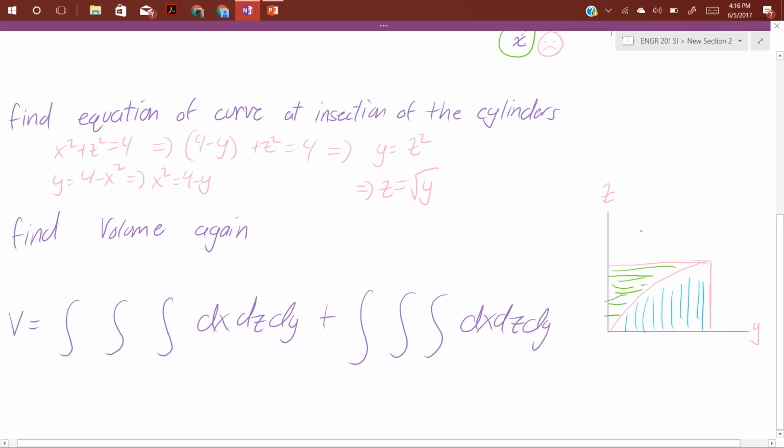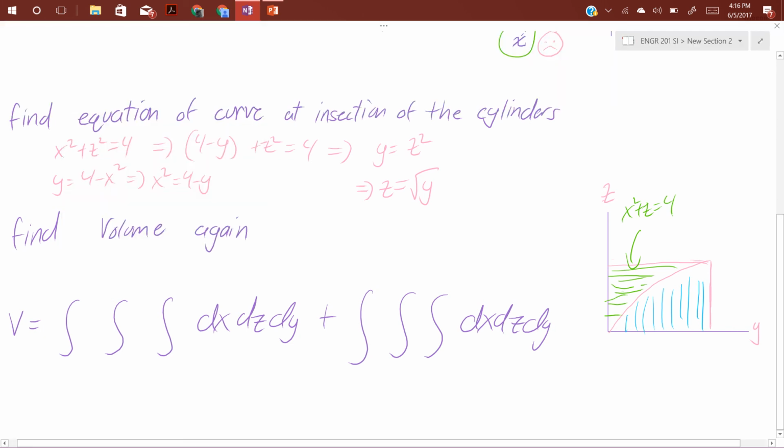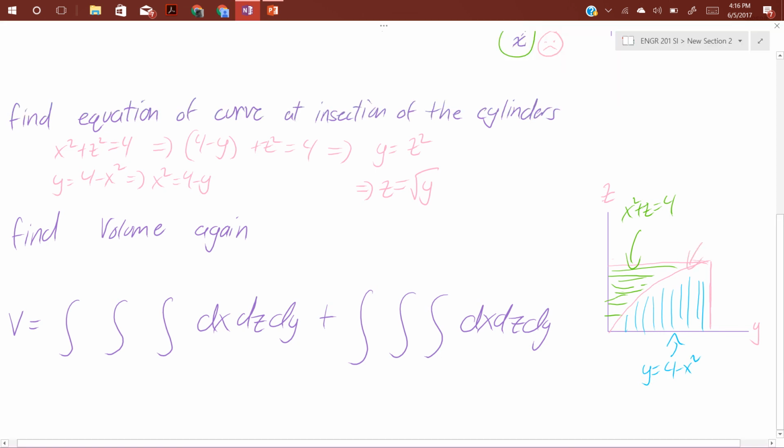So if this right here is x squared plus z squared equal to 4, this right here is y equal to 4 minus x squared, and our boundary is y equal to z squared. So now we're going to use these three equations and this graph in order to find the volume in the order of dx, dz, dy.